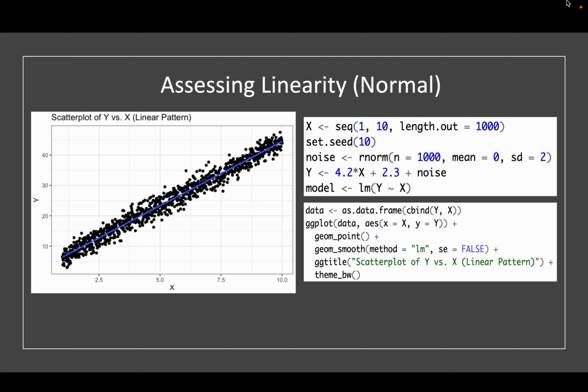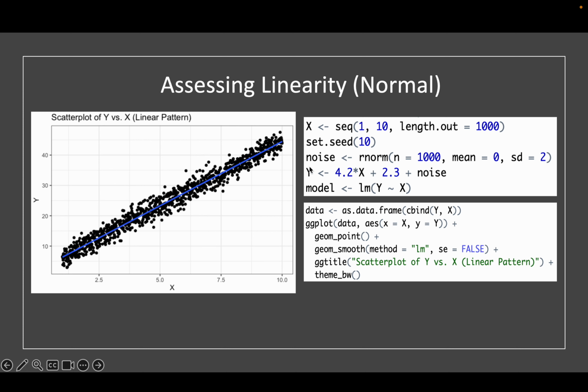In this case, for example, I'm simulating data that satisfies the linearity condition. I have a linear model simulated here using a sequence of values from 1 to 10, 1,000 values for x. Then I'm generating noise or random error using the normal distribution with mean of 0 and standard deviation of 2, again, of a vector of length 1,000.